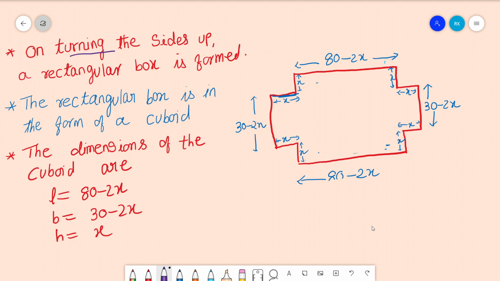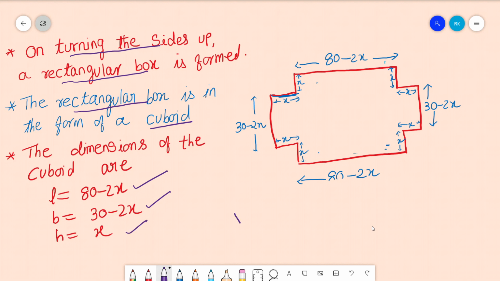On turning the sides, we are getting a rectangular box. Rectangular box is in the form of a cuboid. The dimensions of the cuboid are length is equal to 80 minus 2x, breadth is equal to 30 minus 2x, height is equal to x.